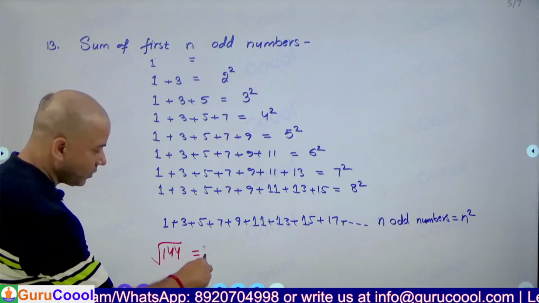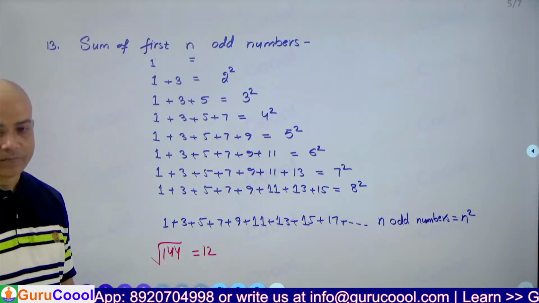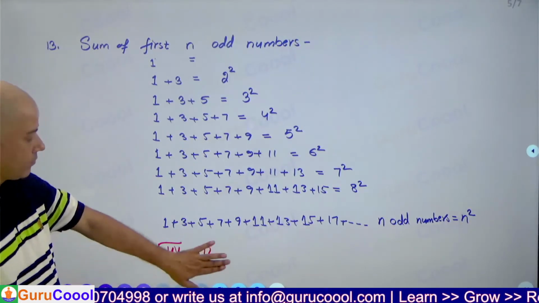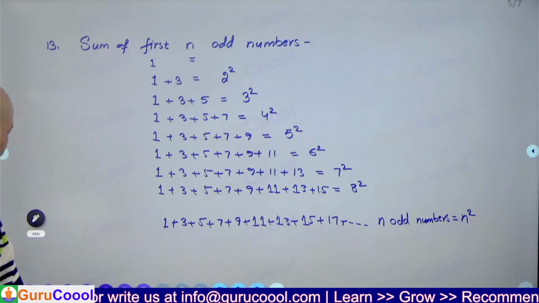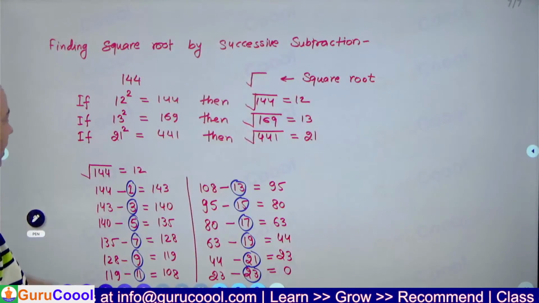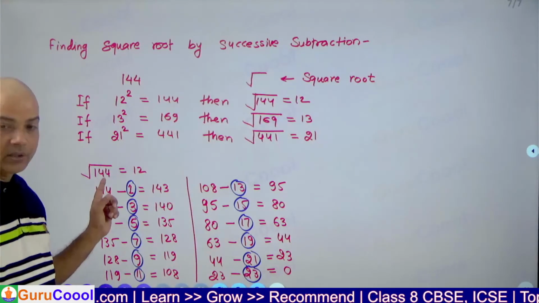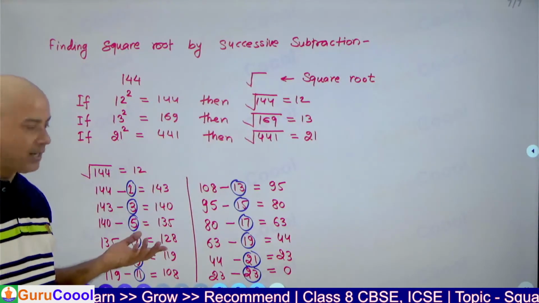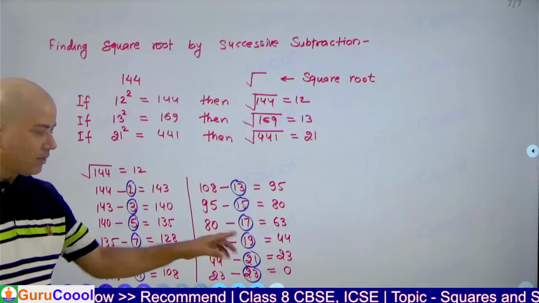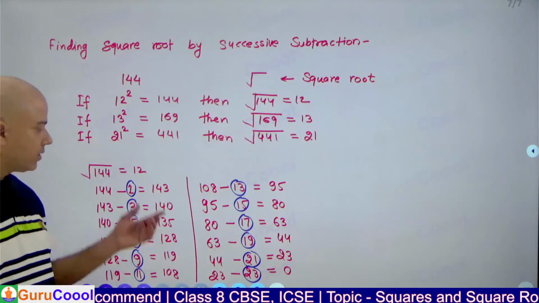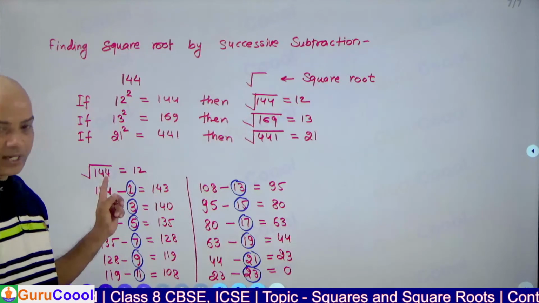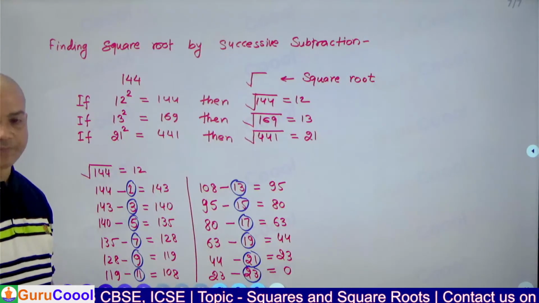That's why this is equal to 12. But if it is not a square number, suppose it is 142. 142 is not a square number. Then of course this trick will not work, because this trick works only for a square number. Got it?